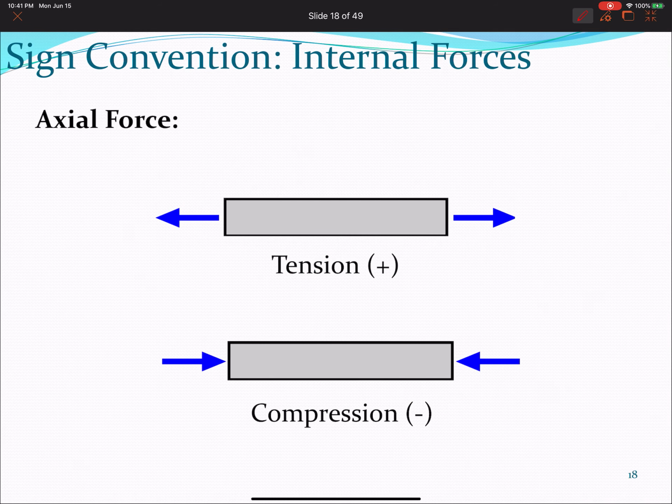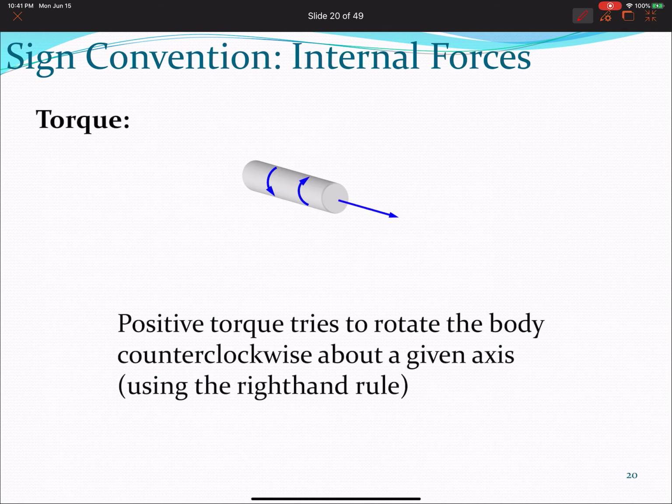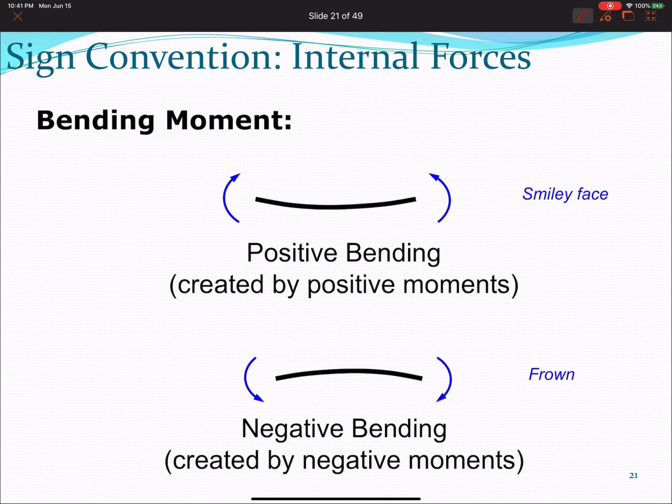So, convention for axial force: tension is stretching like this. Compression is actually shortening the member. For shear force, clockwise rotation will be positive, counterclockwise rotation will be negative. The torque: positive torque tries to rotate the body counterclockwise about an axis using the right hand rule.